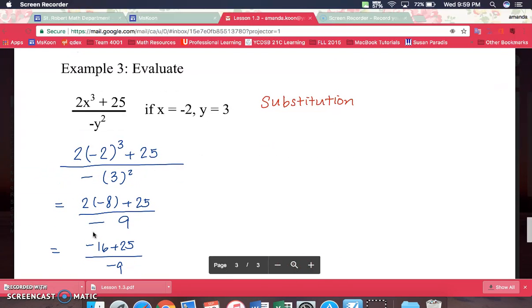Example 3, evaluate. So you're given this algebraic expression, and also you're told that x has a value of -2 and y has a value of 3. When you evaluate an algebraic expression based on the given numbers, you are replacing any x's that you see with -2 and any y's that you see with 3.